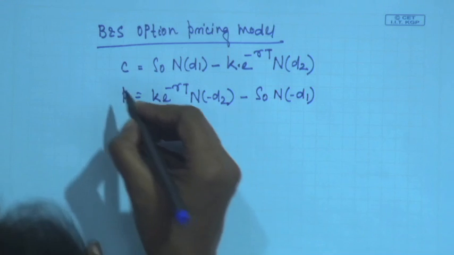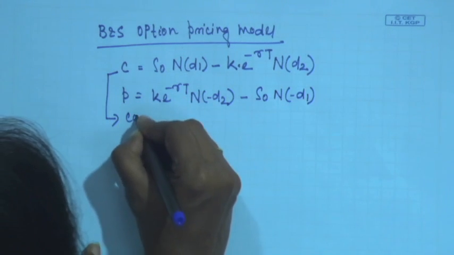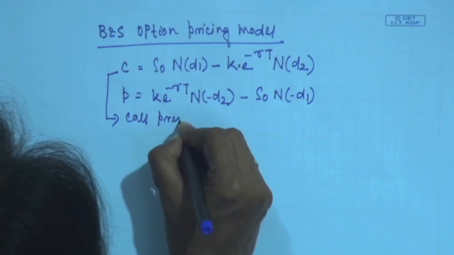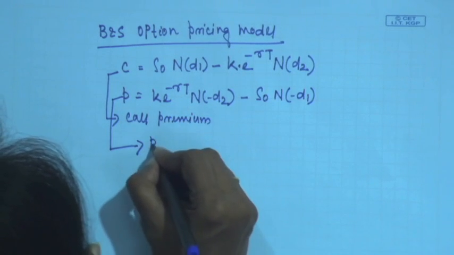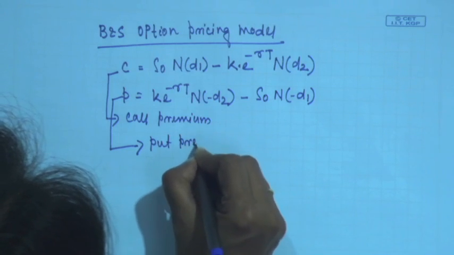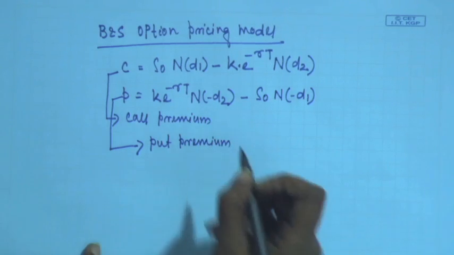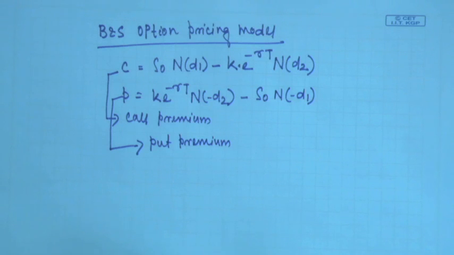So C is your call premium, P is your put premium, and this is the premium which is paid by the long call position holder, and a put premium which is given by the long put position holder to the counterparties, that is the short call position holder as well as the short put position holder respectively.